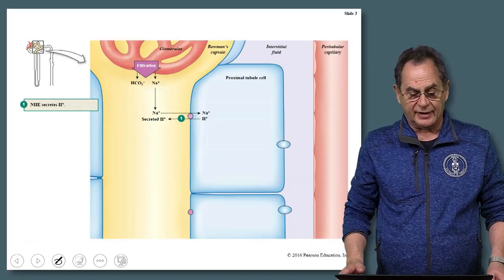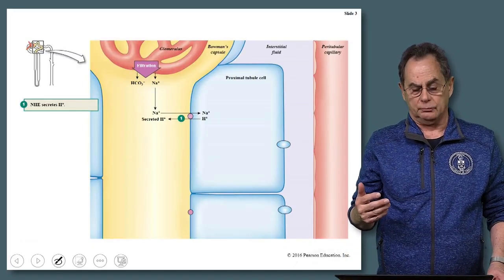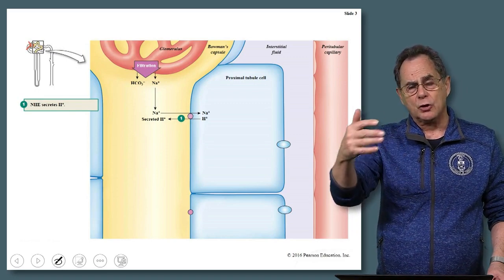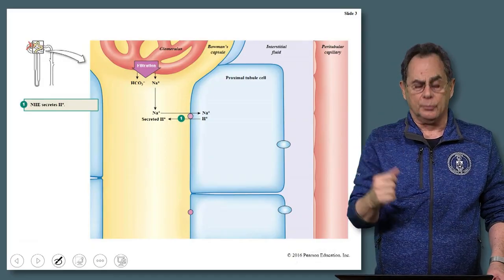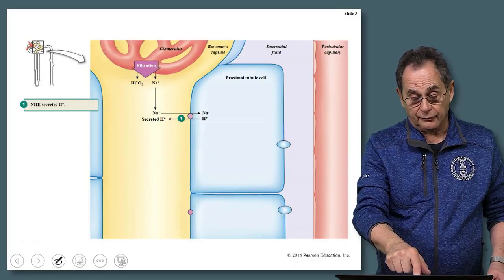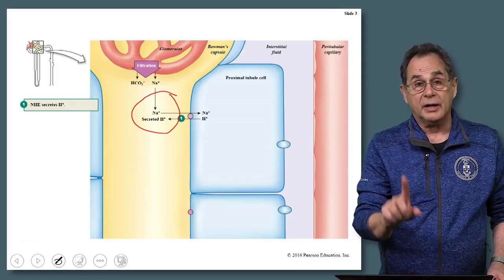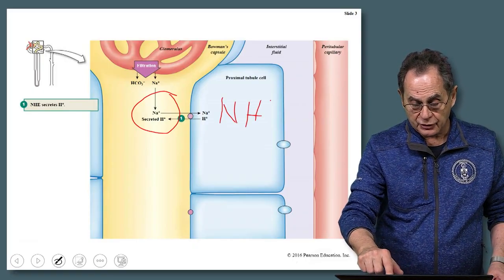The first thing that happens is that there's a sodium-hydrogen exchanger. And remember, that was the sodium-hydrogen exchanger we talked about when we looked at tubular function and sodium reabsorption in the proximal tubule. So sodium entering the lumen is reabsorbed in major part because of the sodium-hydrogen exchanger.